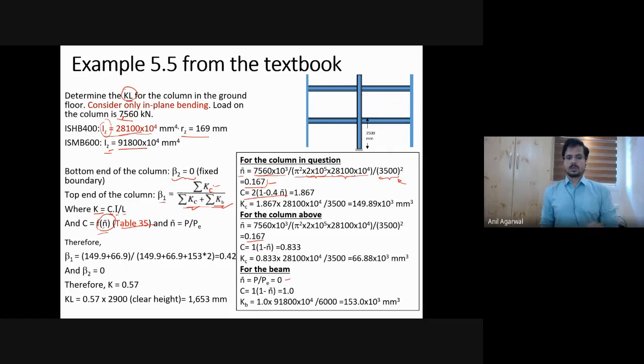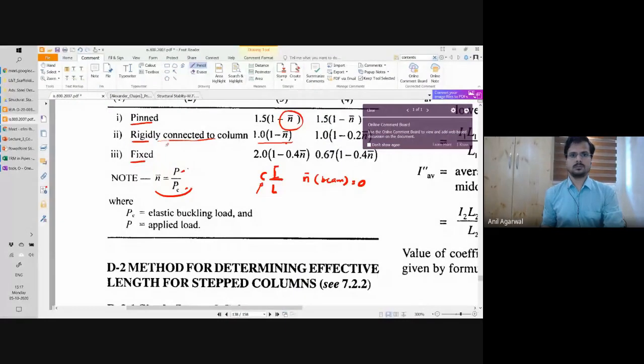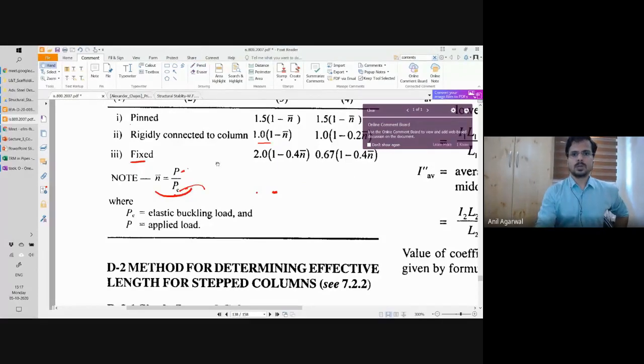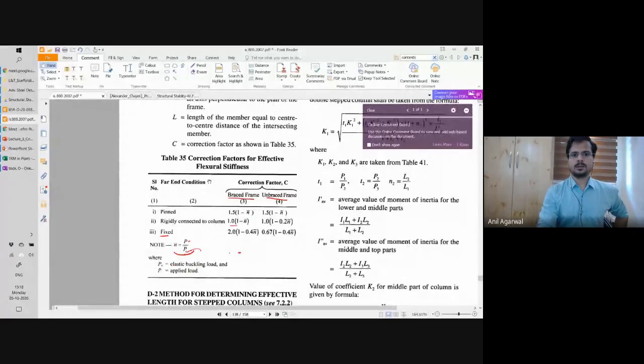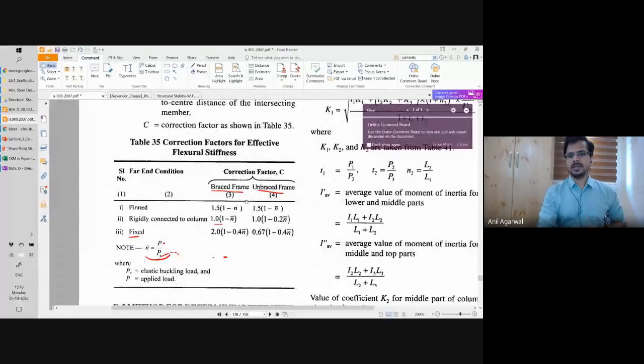So if you go to this table, table number 35, the correction factor C depends on n bar, but it also depends on what is happening at the other end, and on whether the frame is braced or not. Yes, this frame in question is braced.